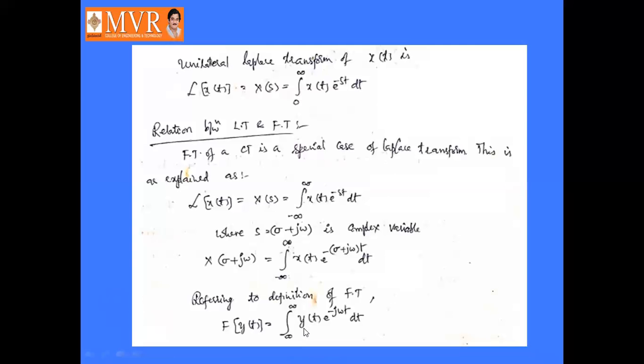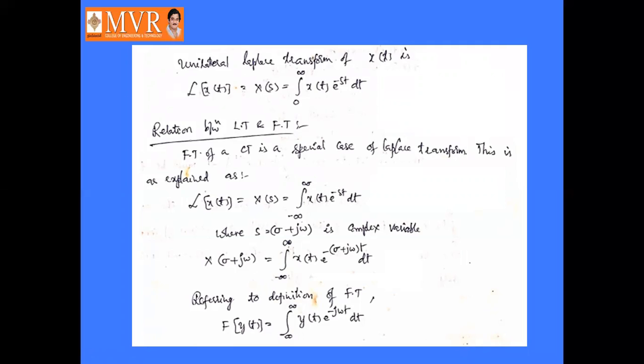It is bilateral because it varies from minus infinity to infinity. The unilateral Laplace transform is defined as X(s) = integral from 0 to infinity of x(t) e^(-st) dt, or integral from minus infinity to 0 of x(t) e^(-st) dt.